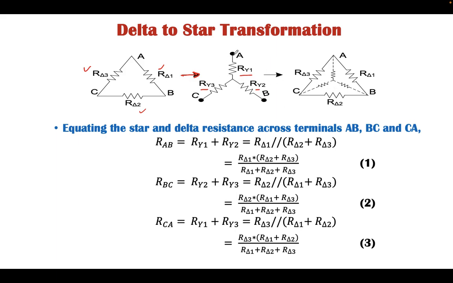Now if we look at this network across terminals A, B and C, that is terminals AB, BC and CA, when the connection is in delta and when the connection is in star, these two must be equivalent to each other.